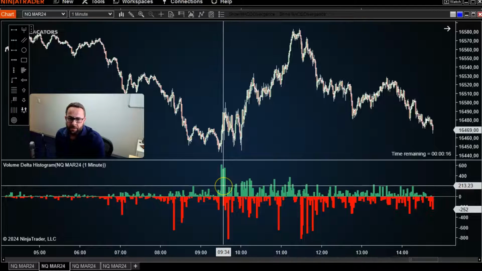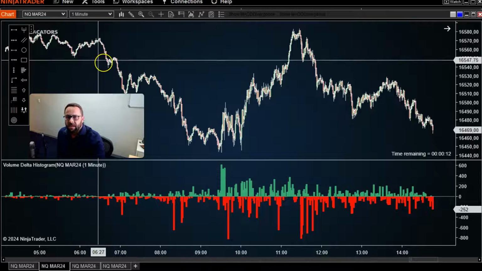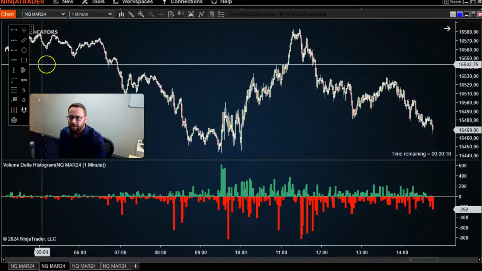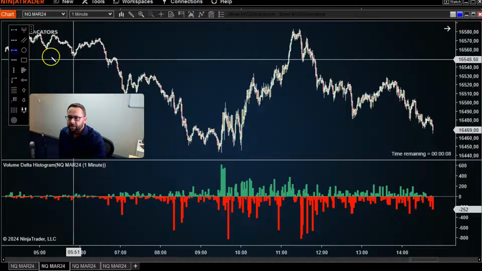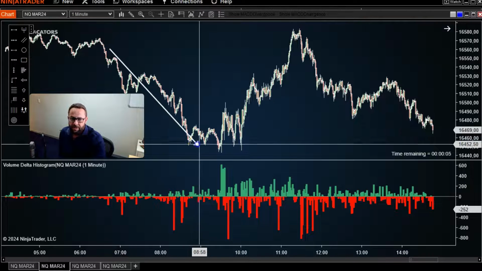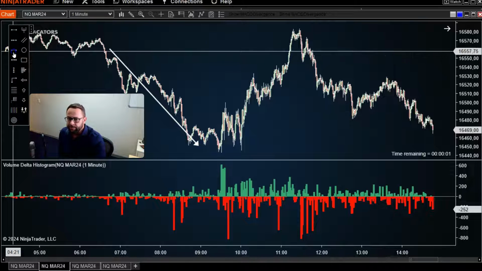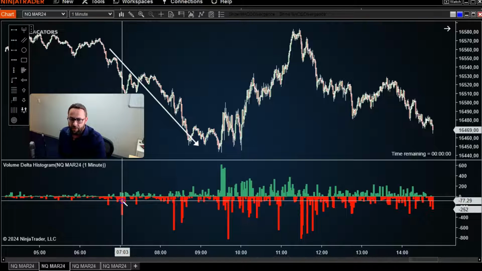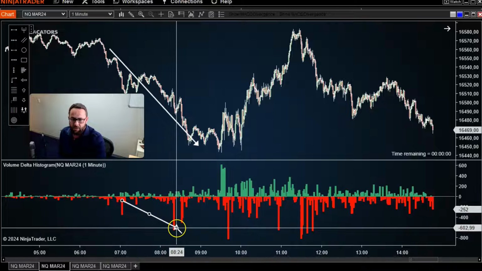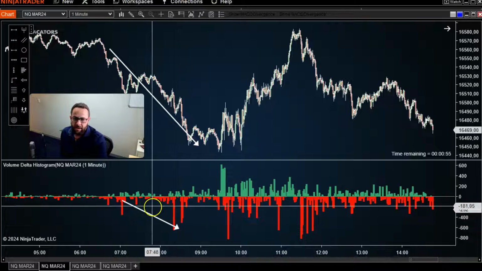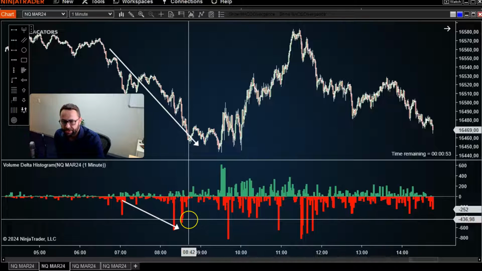So if you look at volume delta over a certain period of time, typically during strong trending conditions like we've seen over here, price was moving lower into a low. And you can also see that while price was moving lower, the volume delta histogram also started showing an increase in selling pressure.